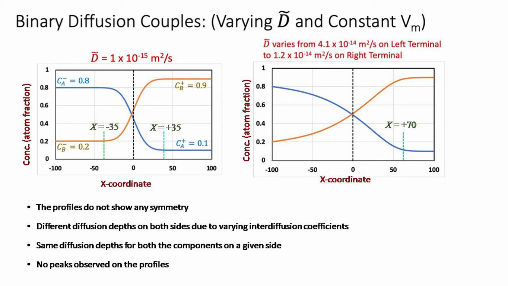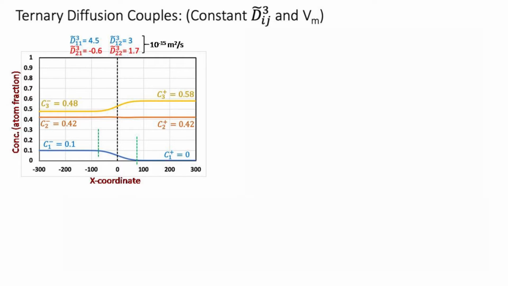Let us see the nature of ternary diffusion profiles. Now, when I say ternary or a 3 component system, I have 2 independent interdiffusion fluxes.